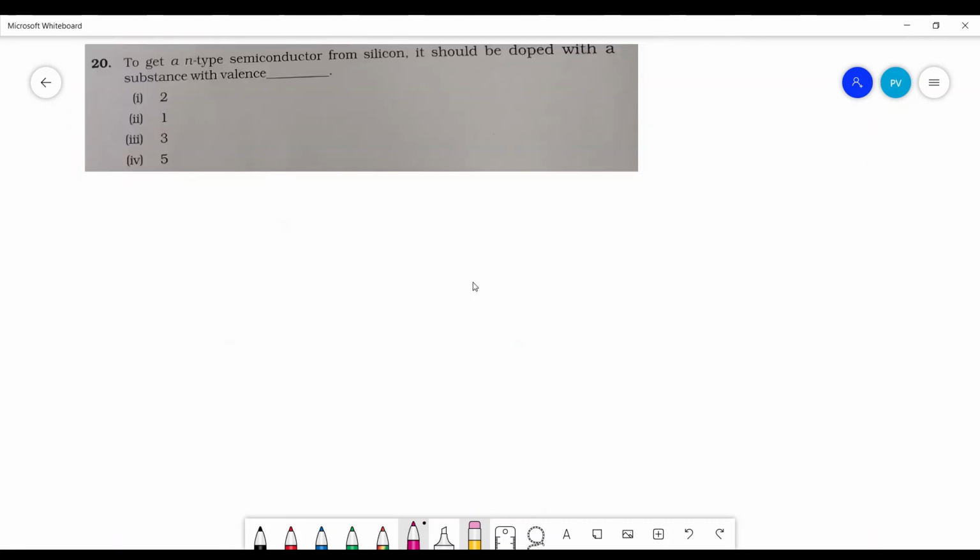To get an N-type semiconductor from silicon, it should be doped with a substance with what valency? In an N-type semiconductor, mobile electrons are present. Silicon has valency 4.